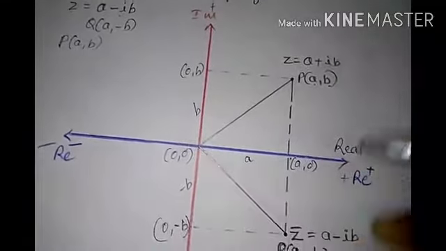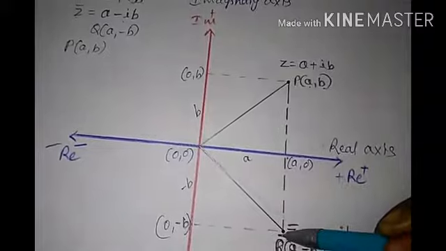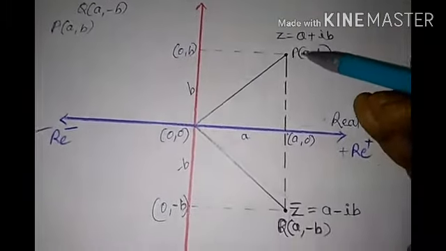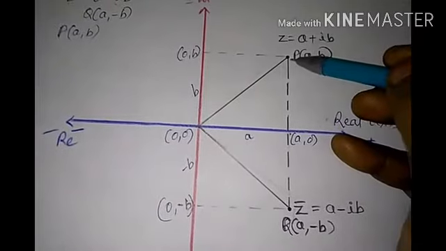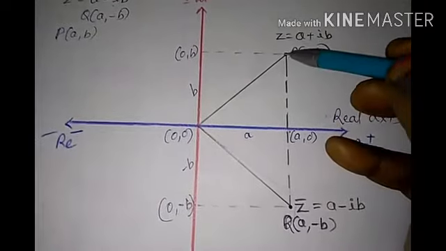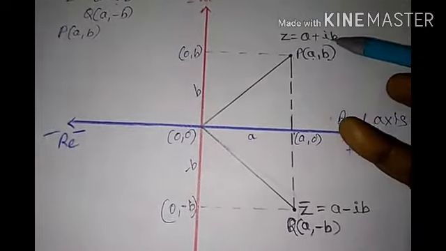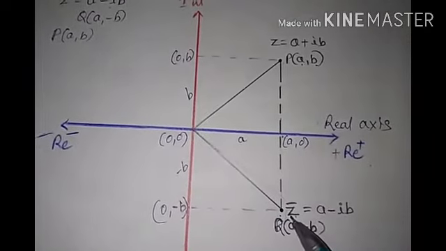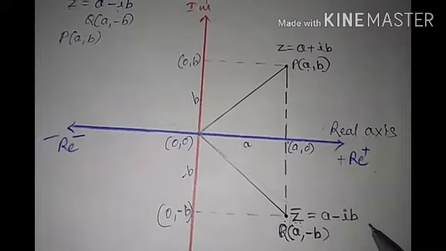The conjugate of a complex number is known as the mirror image of the complex number. Check once: here z equals a plus ib and here is the conjugate of this z, so the conjugate of z is equal to a minus ib.